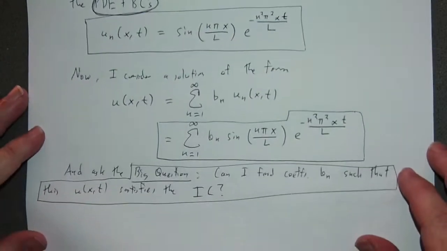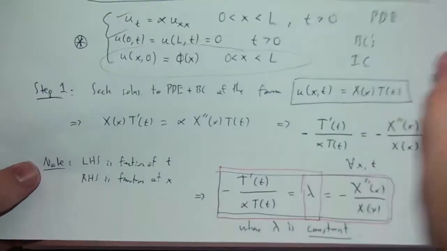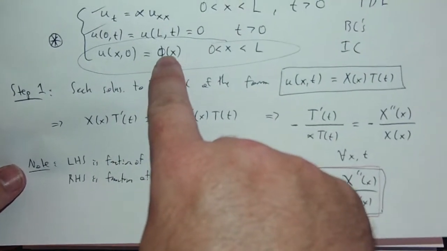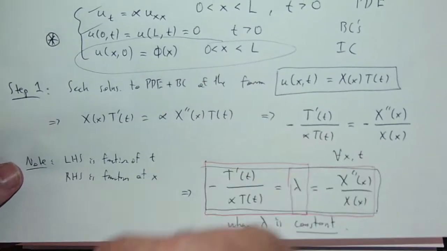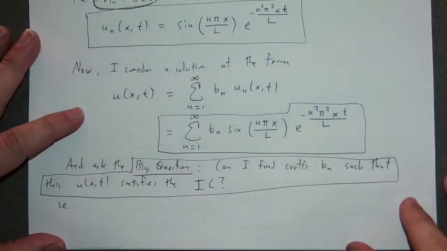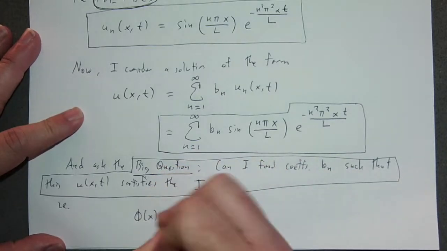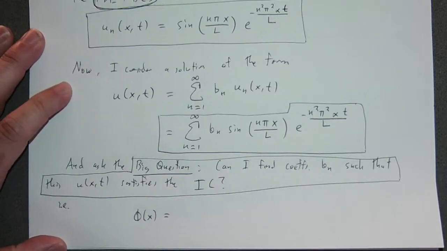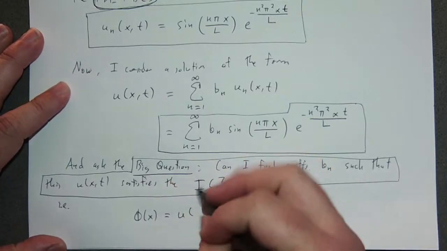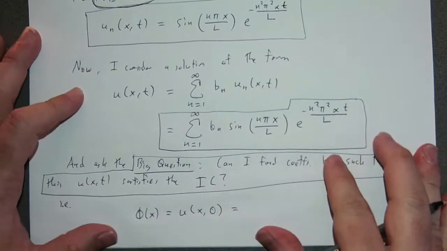What does it mean to satisfy the initial condition? Well, the initial condition, of course, is that u of x, 0 is equal to phi of x for all x between 0 and L. That's my initial condition. So, i.e., can I find coefficients b sub n such that phi of x is equal to u of x, 0?